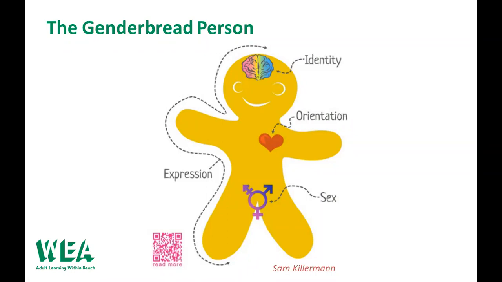And then orientation, sexual orientation, you have the heart. So it's how you are attracted to someone. Are you attracted to men, women, male, female, or not attracted to anybody? Then we have the physical, the sex. So we're looking at the anatomy, the biology here. So that's quite an easy way to remember it.